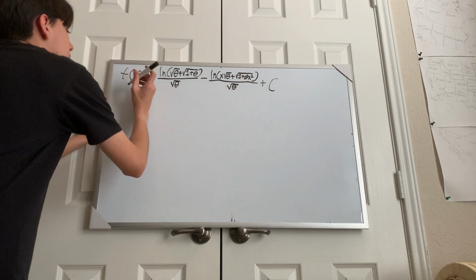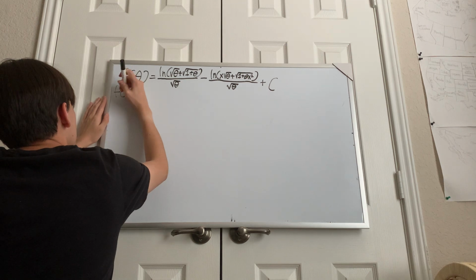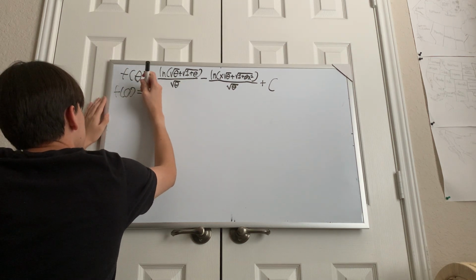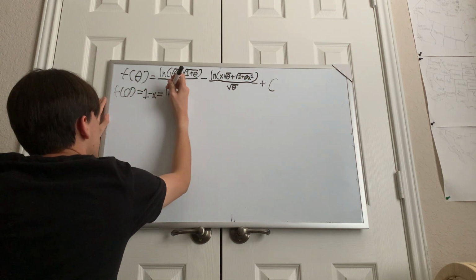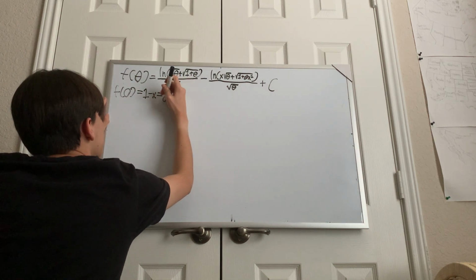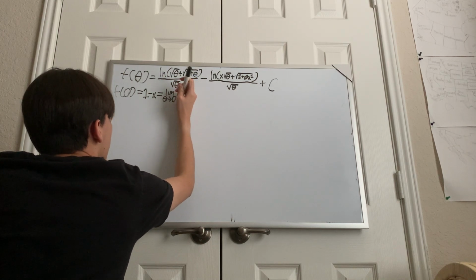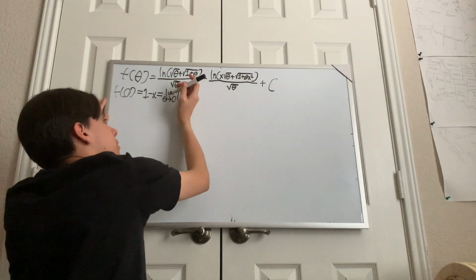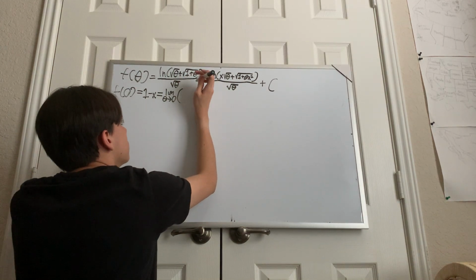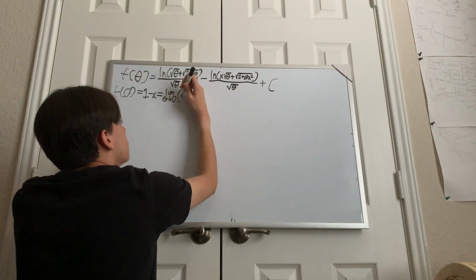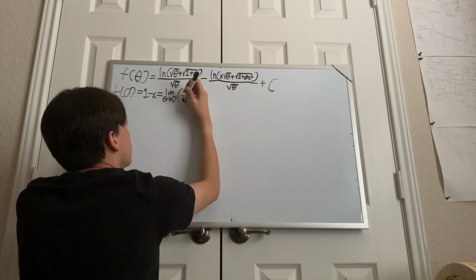So we know f of 0 is 1 minus x, which is equal to the limit as theta, and theta only, approaches 0 of, and then we take the derivative of the top and bottom for each one. So we get 1 over the argument of natural log.